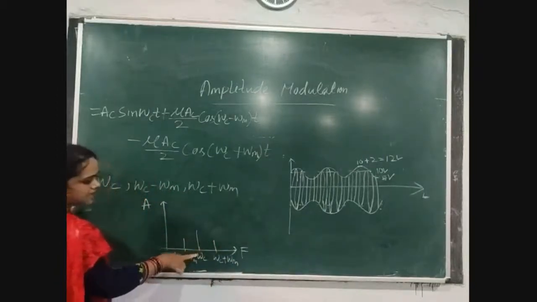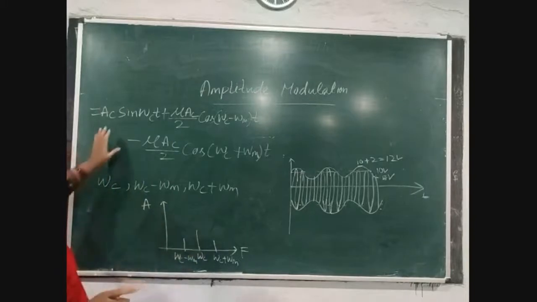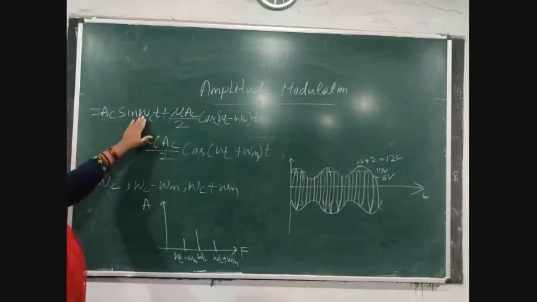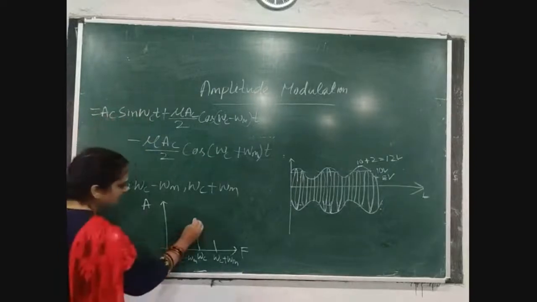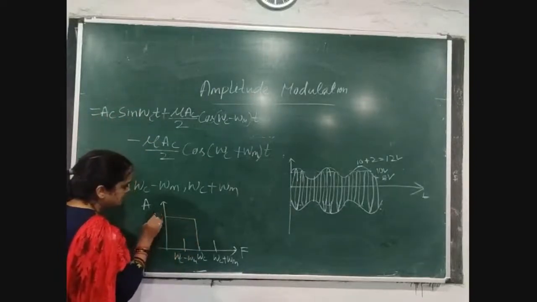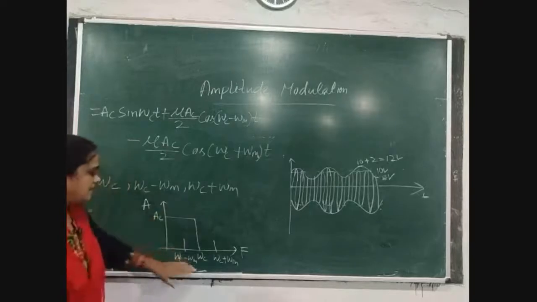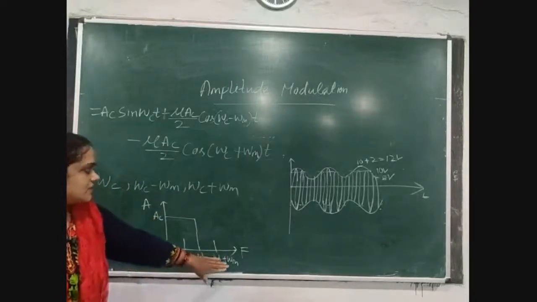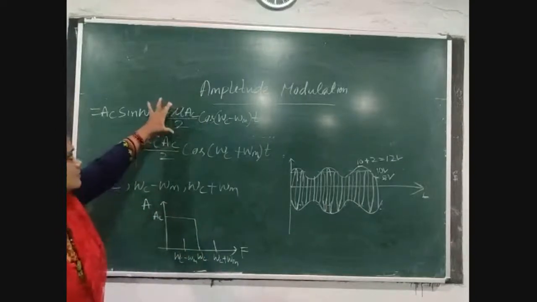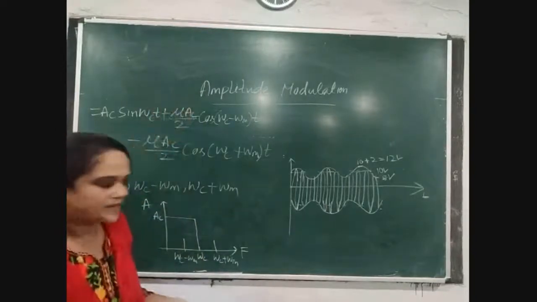Next, the amplitude of omega c. Here the omega c component is present, so the amplitude of omega c is AC, and the amplitude of omega c minus omega m and omega c plus omega m is this. So we simplify this term. How?